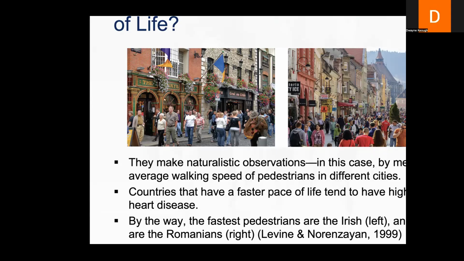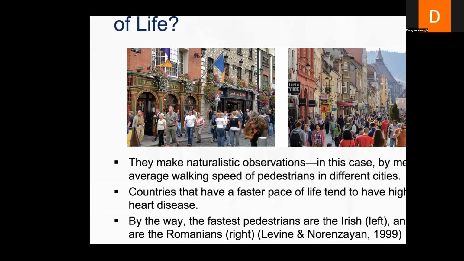Maybe we can record the average pace, how fast people are moving through the streets. Based on that observation, it's been documented that some countries that have a faster pace of life tend to have higher rates of heart disease. Why do you think that might be?